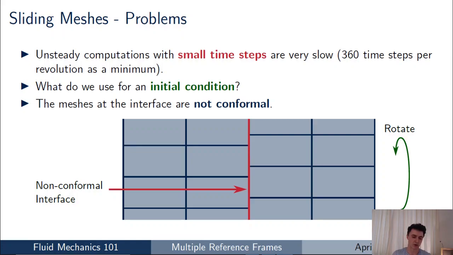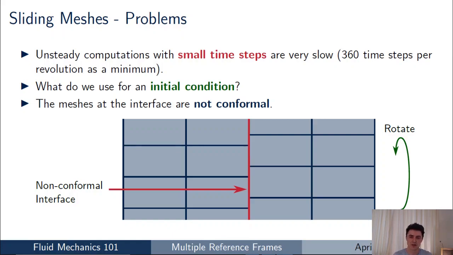And the other difficulty with the sliding mesh approach, you can see in the diagram which I've got for you there on the screen. And the issue is that the two meshes that separate the stationary region and the rotating region are not often conformal, particularly if one part is rotating relative to another. So you can see there in the diagram, I've got the non-conformal interface for you in red, and you can see that the mesh region on the right is going to be sliding or rotating relative to the region on the left.